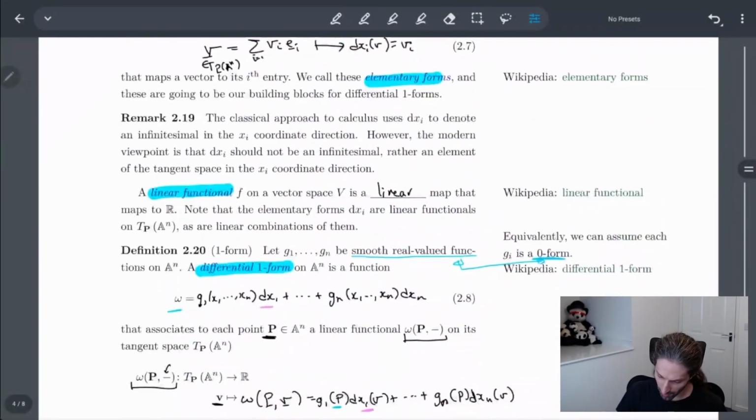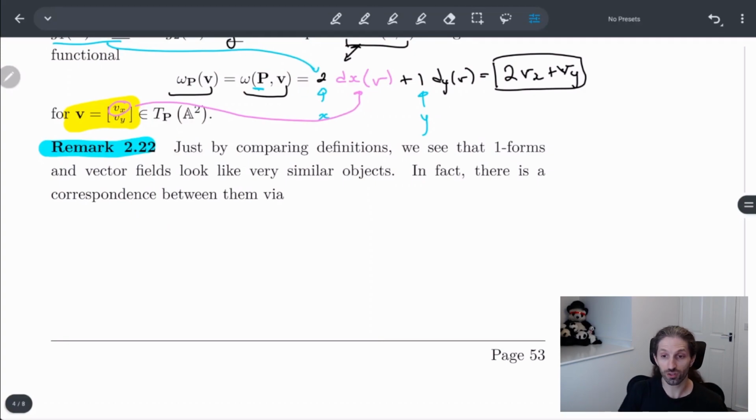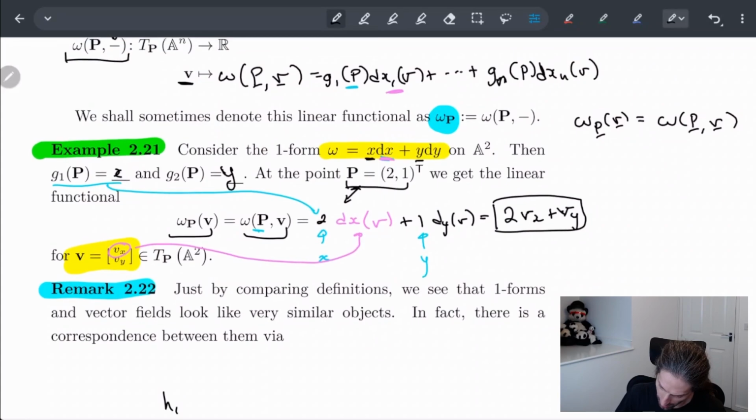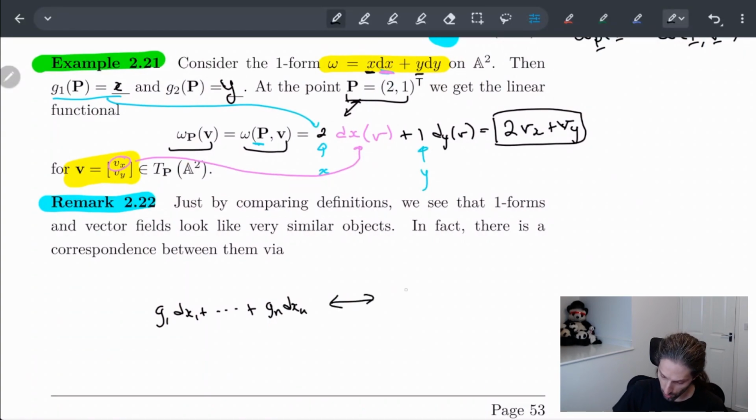So they look almost the same. And something to note, a very big thing, is that there is a natural correspondence between them. There's an error in my notes, but this should be h1. This is g: g1 dx1 all the way up to gn dxn, you can associate to h1 e1, all the way up to hn en.